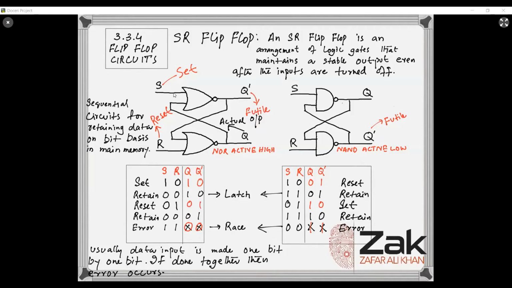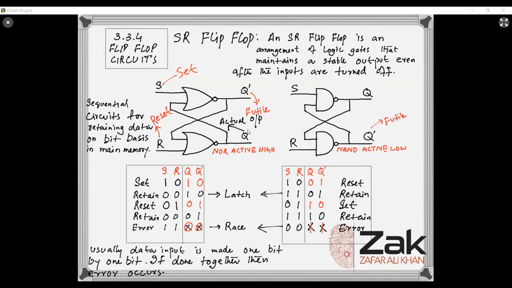What actually happens is that if you want to set, you will give 1 to S. Over here you can see that S is 1 and R would be 0. And remember, they both are not changed together. Only one is changed at a time. So R would have input 0 and that will remain 0. All you have to do is to change S to 1. Once S has 1 and R has 0, the output will be at Q.